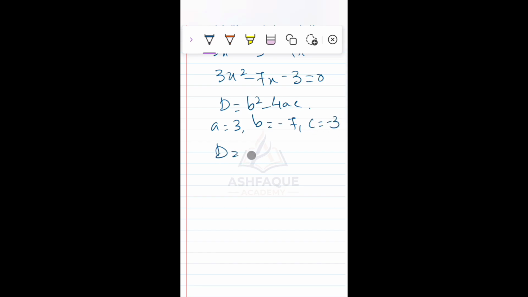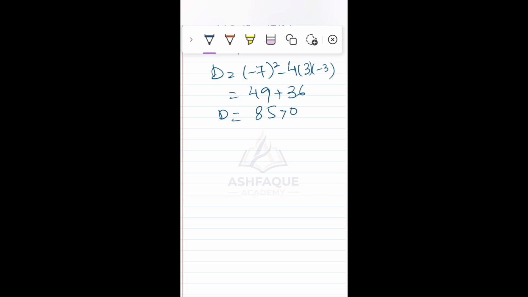So d will be equals to minus 7 whole square minus 4 into 3 into minus 3. 7 7s are 49 plus 4 3s are 12 and 12 multiplied by 3, it will be 36. Whenever we add them, it will be 85, that is greater than 0.